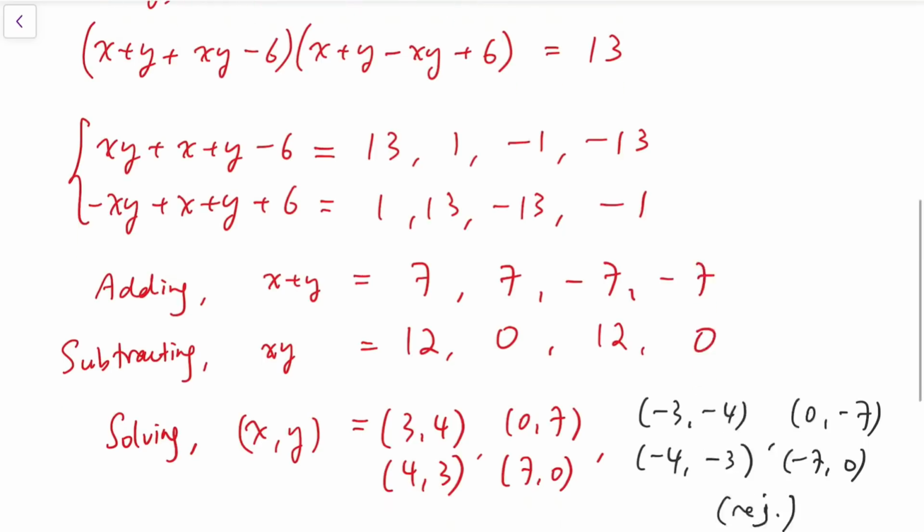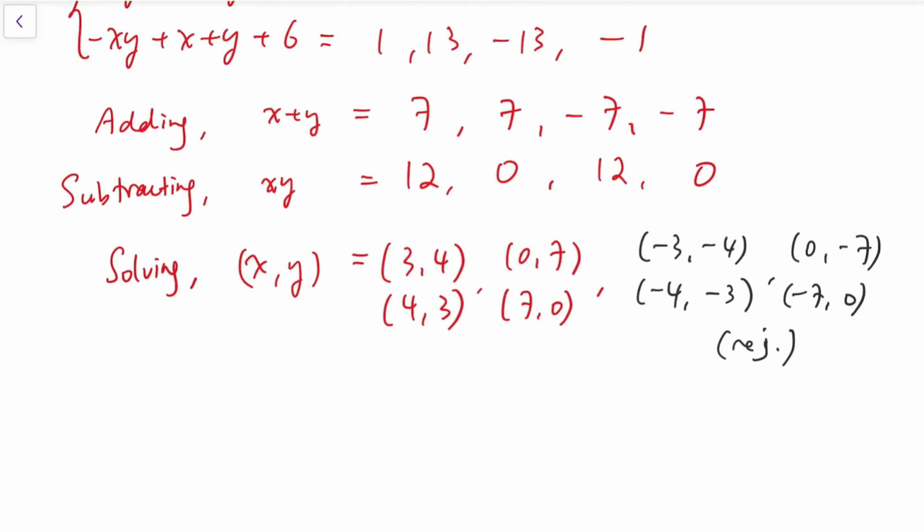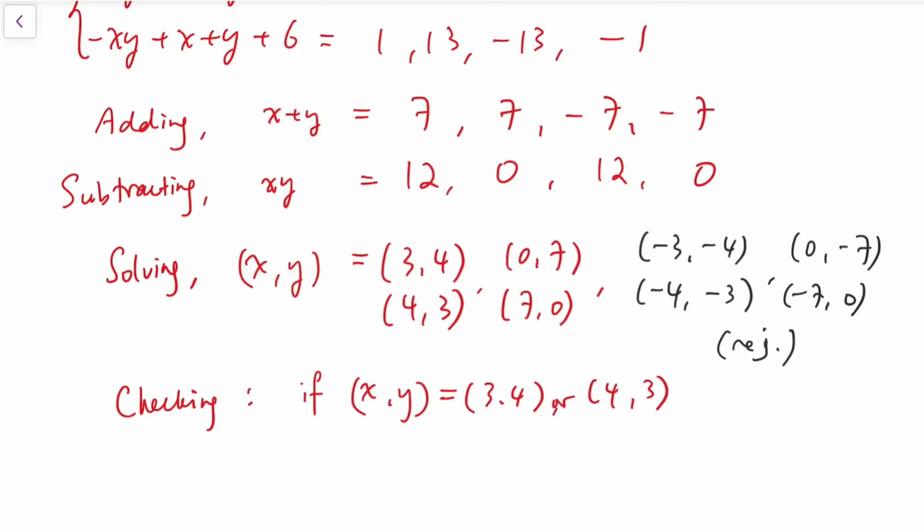So now we have these four pairs of solutions, and we can check. If it's 3, 4 or 4, 3, then both sides will equal 25.